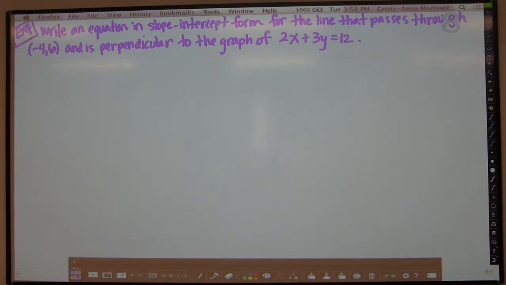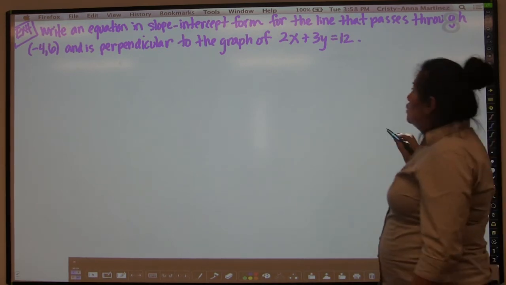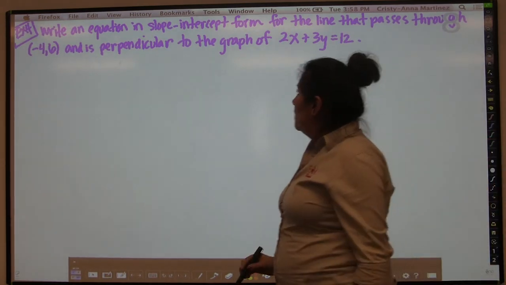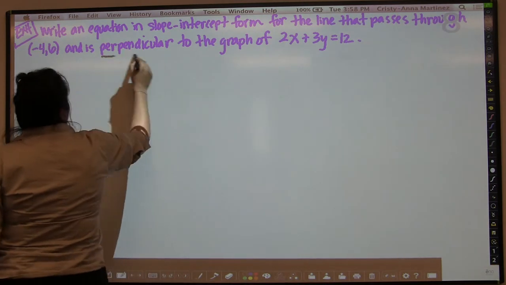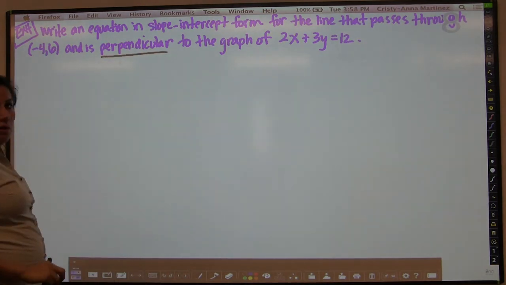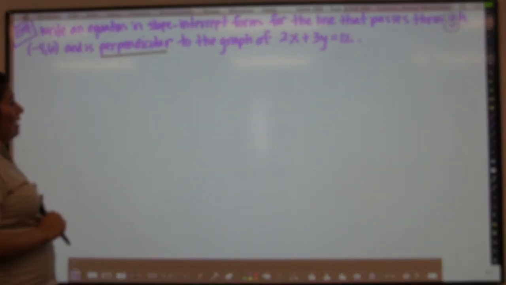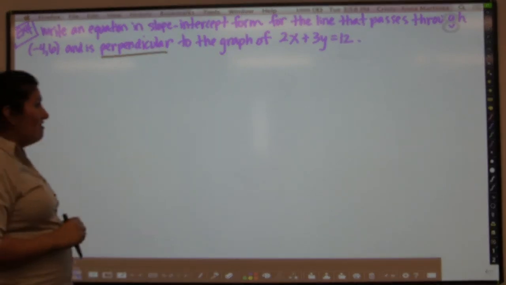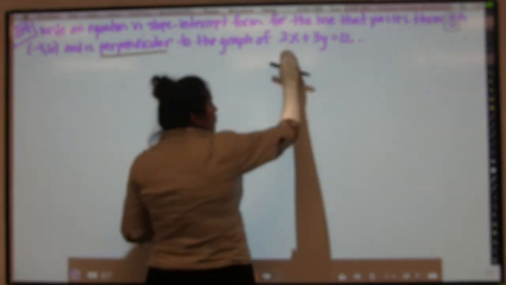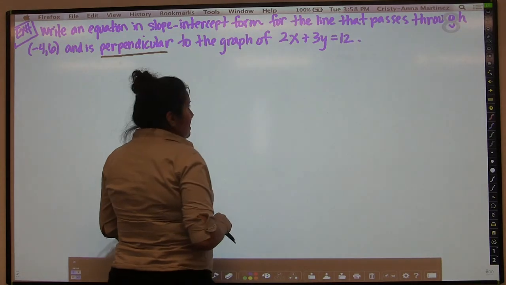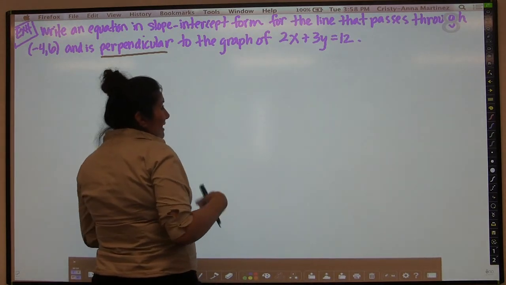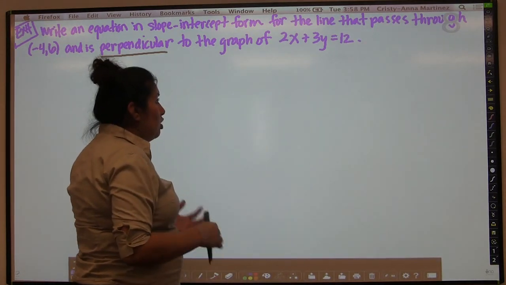Very similar to example 1, only this time they want us to find an equation that is perpendicular. Our first example was one that was parallel. You can see here that the line they gave me is in standard form, and as I was just saying, it's a lot easier to identify the slope when the line is in slope-intercept form.